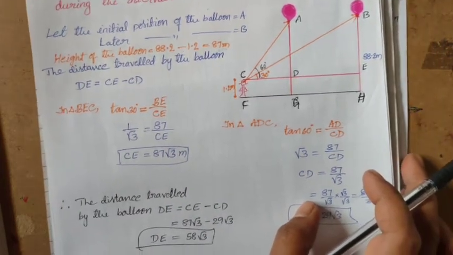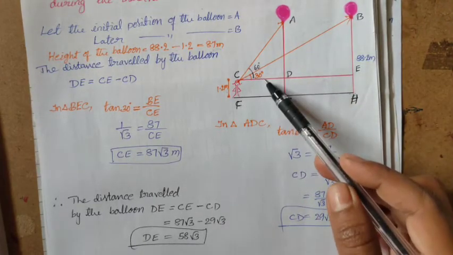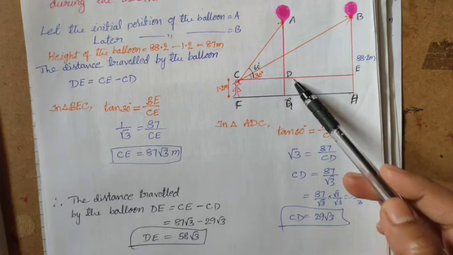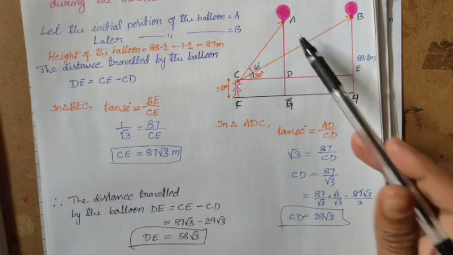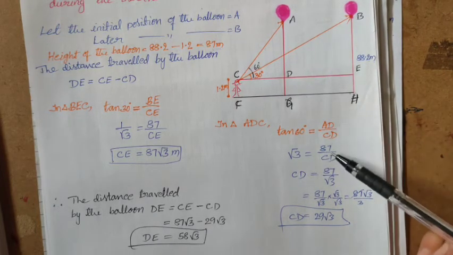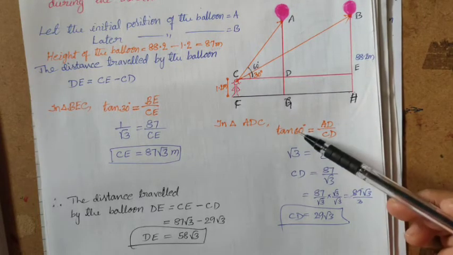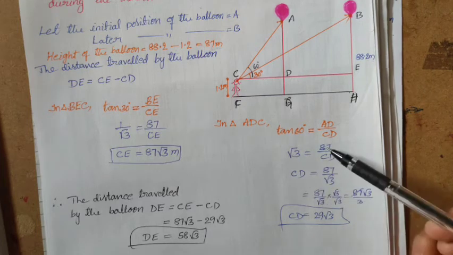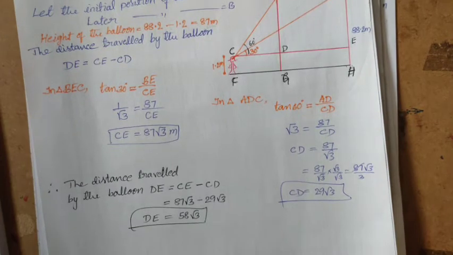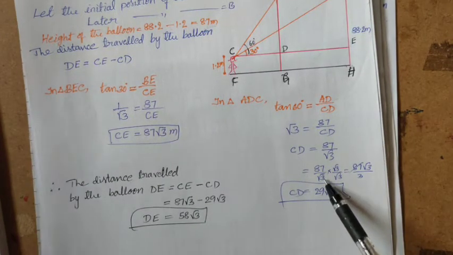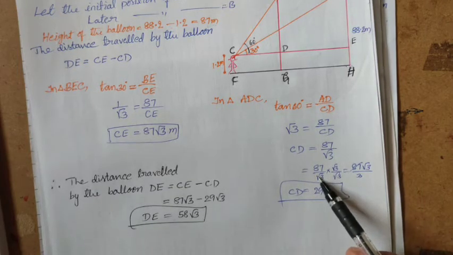Again, I select the next triangle, that is ADC. What is tan 60? Tan 60 degree means opposite divided by adjacent. So, AD divided by CD. AD is nothing but 87. Write CD as it is. Tan 60 is root 3. So, CD is equal to 87 divided by root 3. Now the denominator is root 3, so we rationalize the denominator.